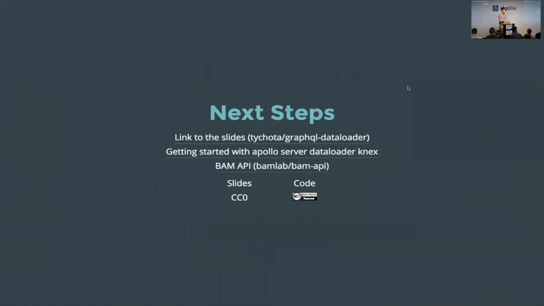Exactly, because at some point, if you have a specific query and you always need the same data, and you don't need DataLoader, you can still access your data access layer directly and use a method that would do the joins. Knex is really cool at doing that. For some of our methods on our project, we use 15 joins, and it works like a charm.